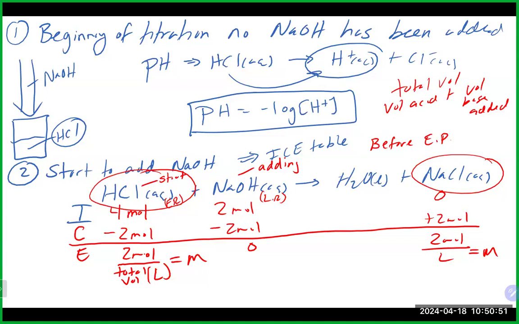So you cannot make a buffer out of a strong acid. So this is the place where I was talking about the Henderson-Hasselbalch equation that people screw up a lot, is when they go through titration problems, they end up with 2 numbers and they're like, cool, going into the Henderson-Hasselbalch equation. So this is not a buffer situation. You should not use the Henderson-Hasselbalch equation in this case.